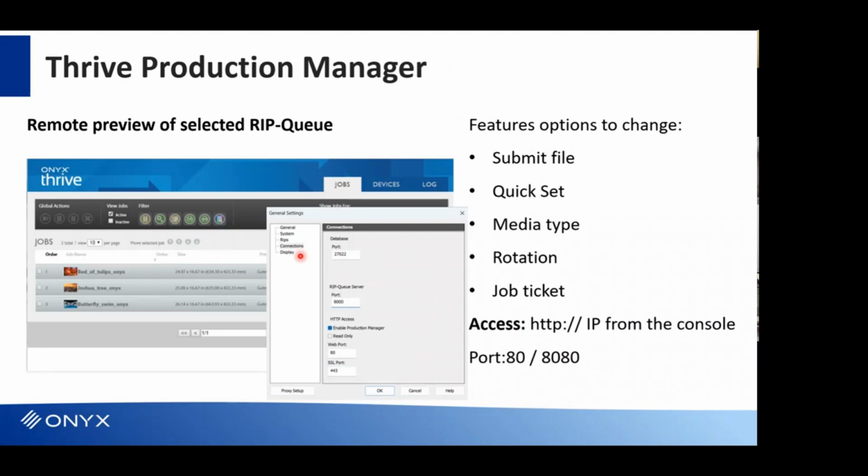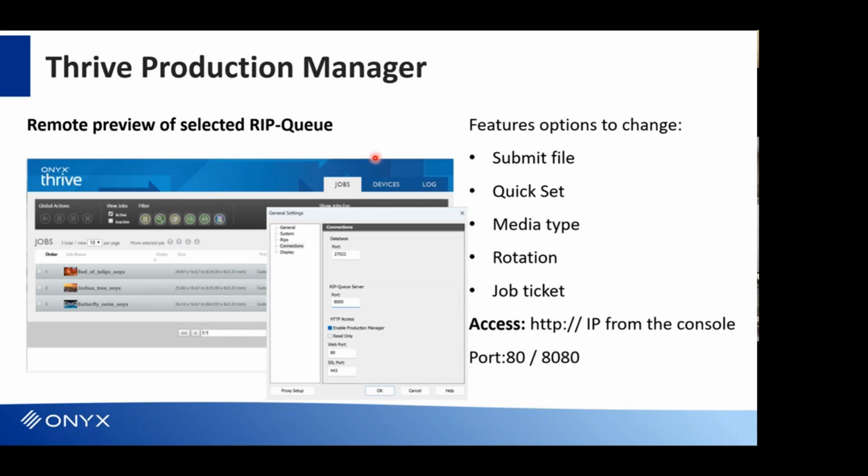Okay, and Thrive gives you something unique, if you compare it with RIP Center and the Poster Shop options. As production managers, there is already kind of, we could say, a notion of automation and efficiency, because it gives the control not only from the PC on which the job is being printed, but also externally, right?